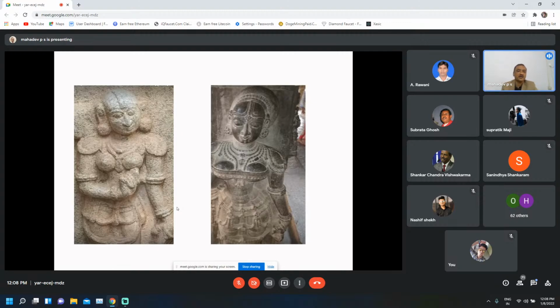If you look at the statue on the left hand side, due to weathering action, maybe due to the sunlight, the rain and all, you can see the surface of the statue. And if you look at the statue on the right hand side, which is placed inside the temple, you can see a very smooth surface. This also involves the application of tribology.